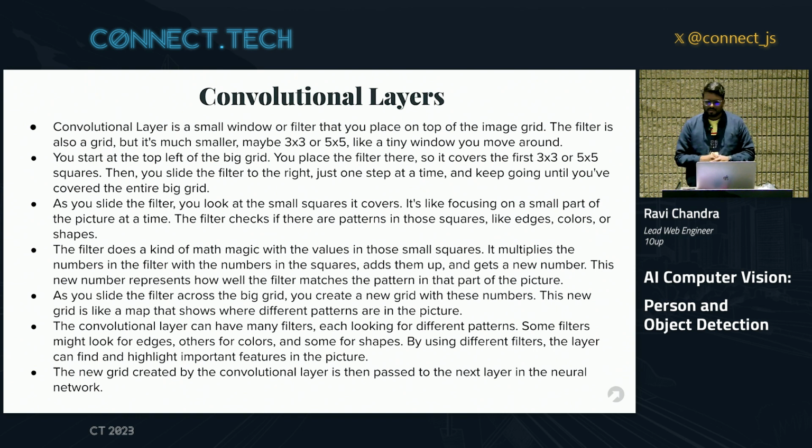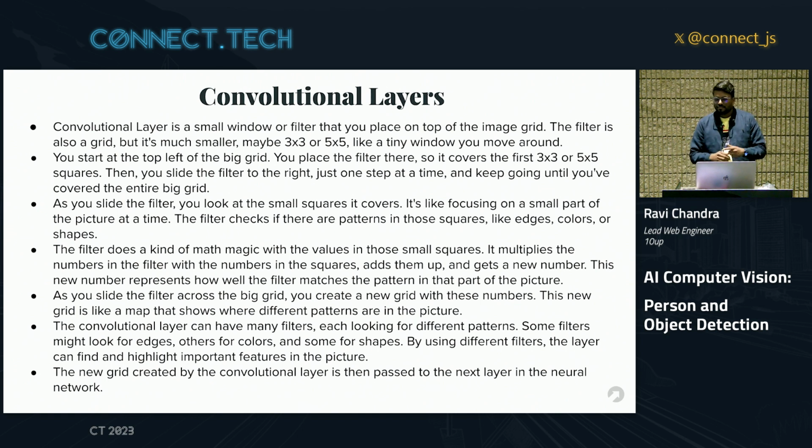A convolution layer is also a grid, but a smaller one, maybe 3 by 3 or 5 by 5. When it starts processing the image, it starts at the top left and does a sliding algorithm, sliding from left to right and then top to bottom, ensuring that each pixel in the image is covered.